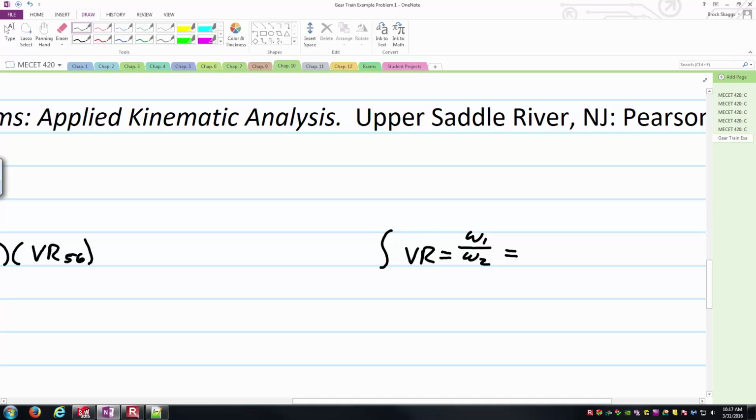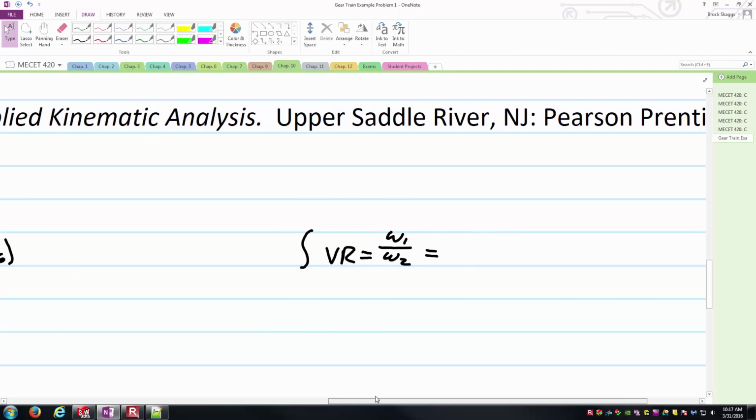Generally, we think of the gear with subscript 1 here being the driver, and the gear with subscript 2 being the driven gear. And so there's a few different ways to express this in terms of properties of the individual gears. One is using the pitch circle, and so I can either use pitch circle radii or the pitch circle diameters. Either way, if I use pitch circle radii, it becomes R2 over R1.